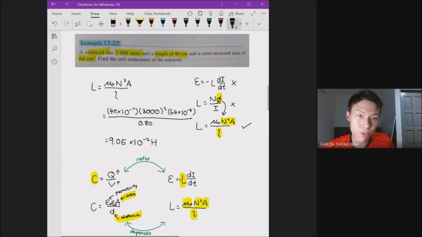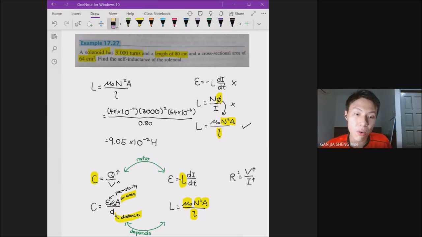Okay, you can also discuss this further by saying that the resistance here is used to describe the relationship between V and I. Okay, but if you increase the I, it will not change the R. If you increase the V, it will not change the R. The R here is constant.